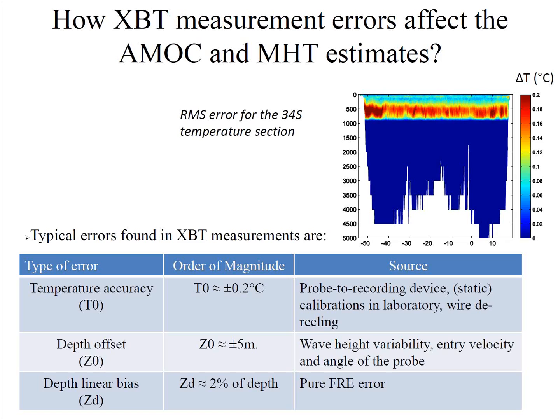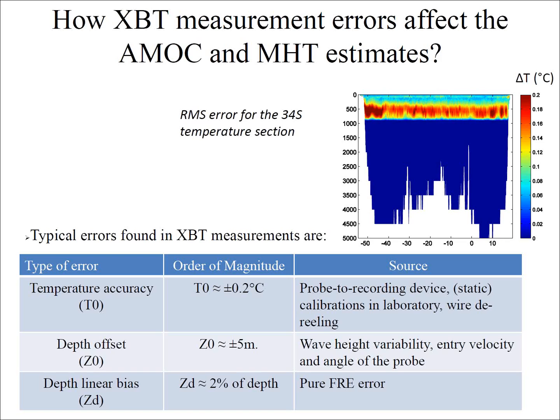It also has a thermistor that measures the temperature changes, which generally carries up to 0.2 Celsius of accuracy. And a depth offset is generally related to the entry velocity and the height from which the probe is dropped, so it relates to surface problems.